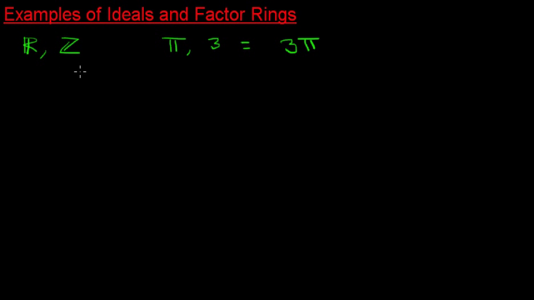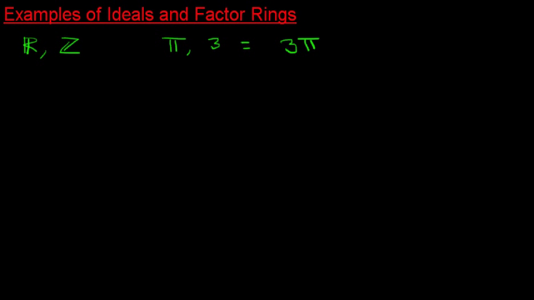So we just took something in our ring R and something in our subring Z, multiplied them together, and we got something that was not in our subring. So this one counterexample completely disproves the integers from being an ideal of R.